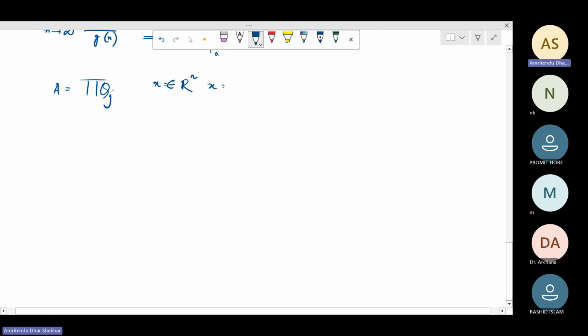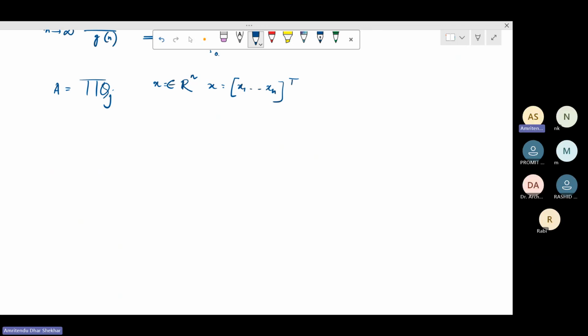So let's say you write this x as x1 up to xn transpose. Then you can construct a sequence of rotators which makes this x. Okay, let me just write it. I'm not going to prove it. It's there in the notes.